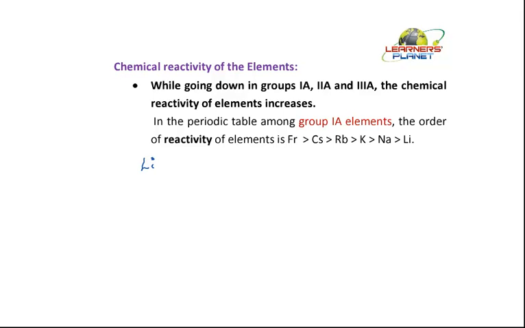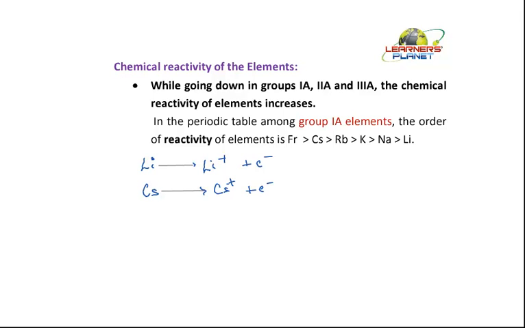If lithium has to react, what will it do? It will form a positive ion and it will give an electron. If cesium has to react, what will it do? It will again lose one electron and form a positive ion, that is Cs+ and an electron.